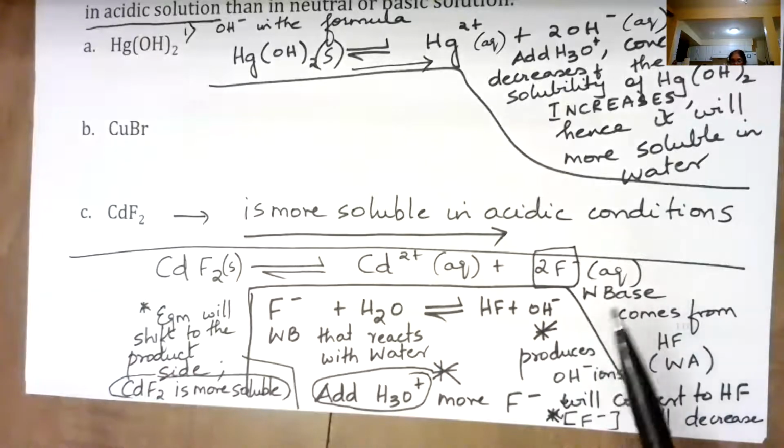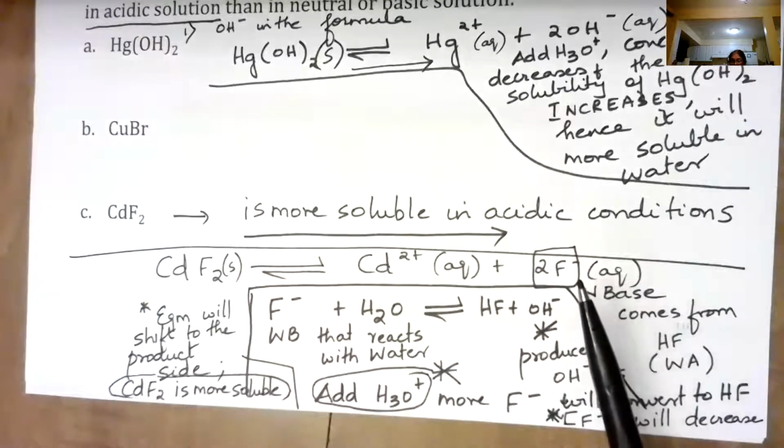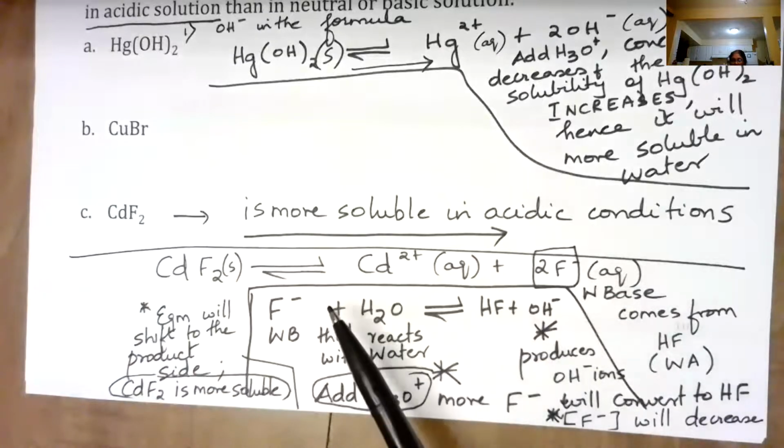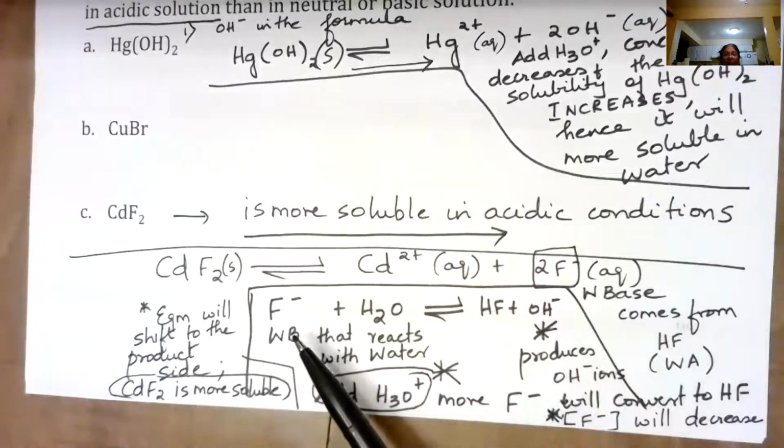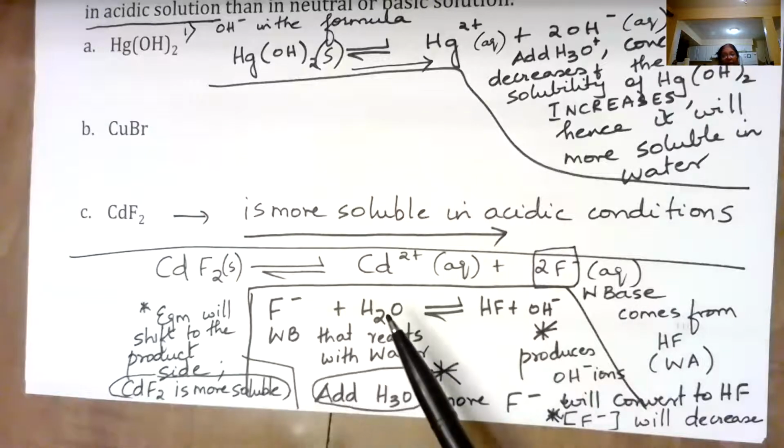So this is the anion of a weak base. Therefore, I'm sorry, an anion of a weak acid, okay? Therefore it is a weak base of considerable strength, and it's quite reactive with water.